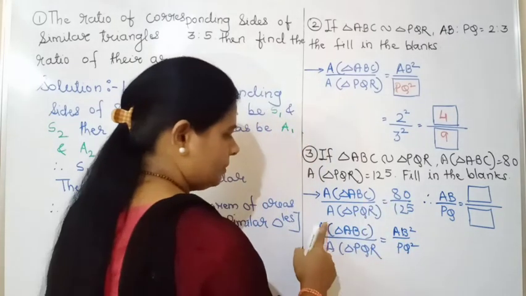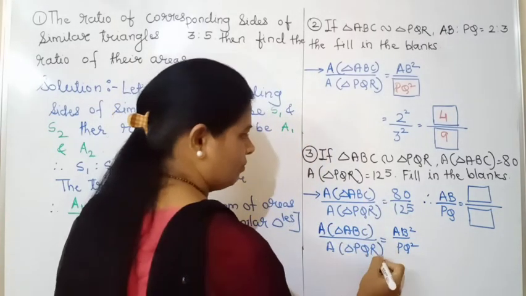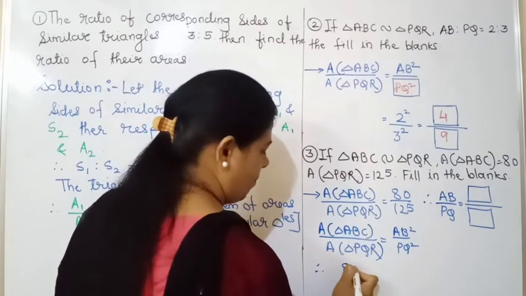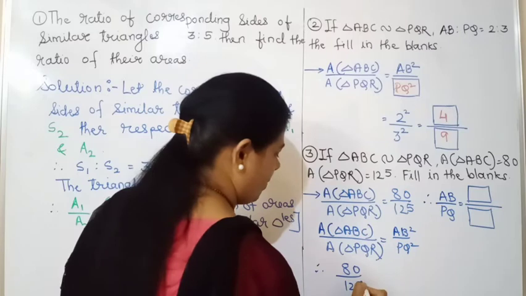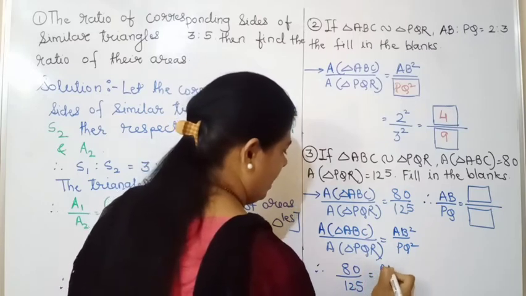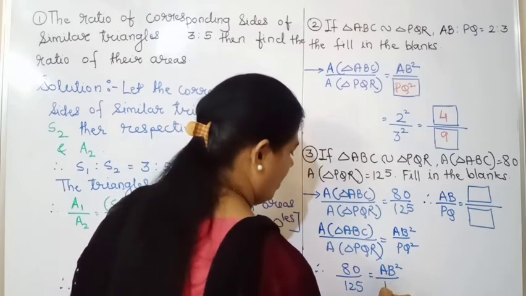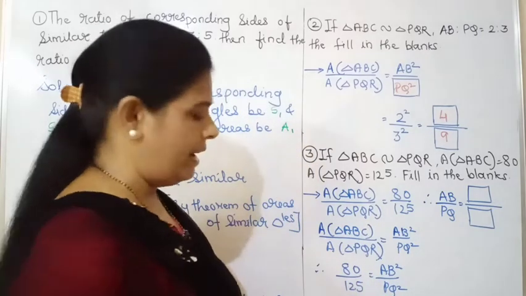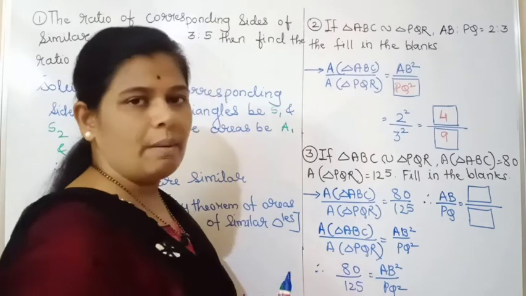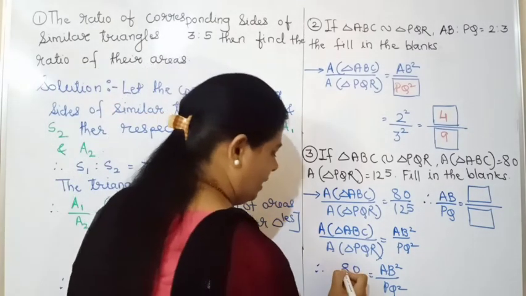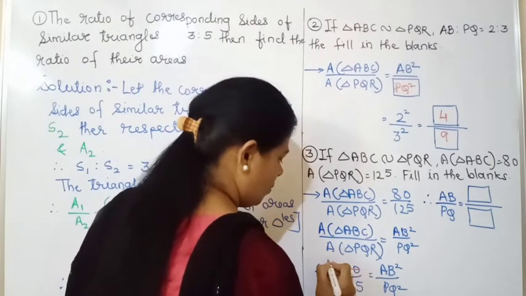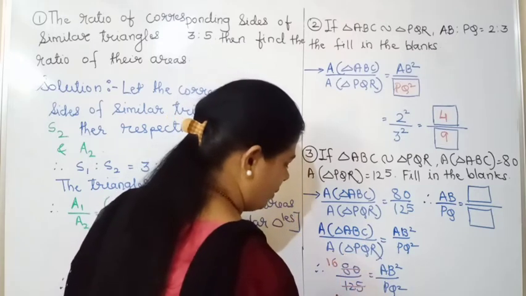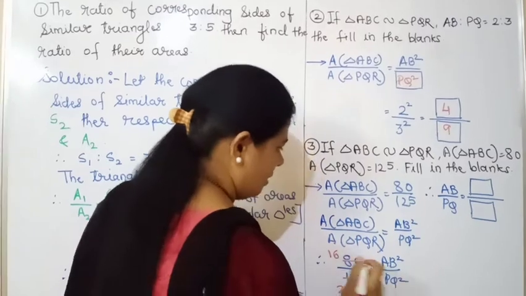Okay, now the areas of ABC and PQR are given to us, 80 upon 125 is equal to AB square upon PQ square. Now what we can do, we can divide 80 and 125 by 5. After dividing by 5, 5 1 is 5 and 5 6 is 30, and here also 5 2 is 10 and 5 5 is 25.